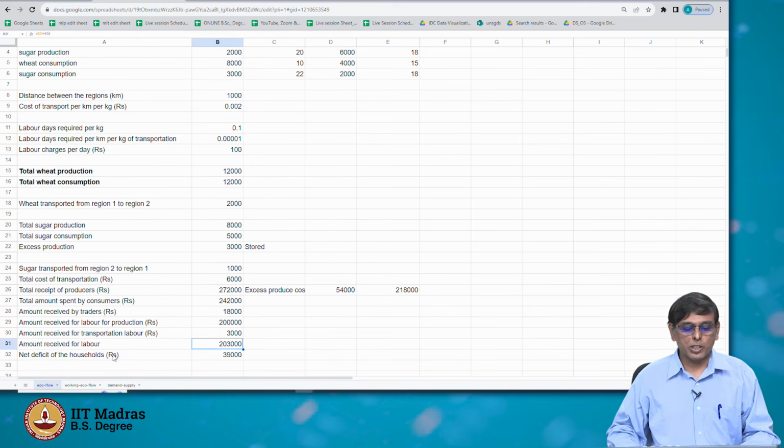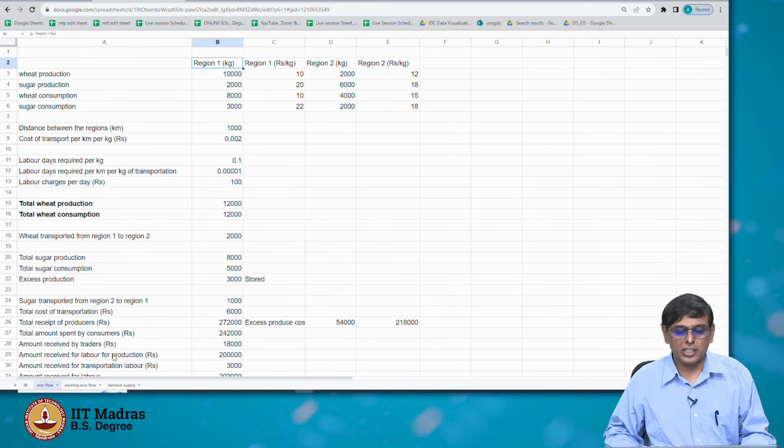So, this gives you a picture of all the flows, right. We see that the total producer made 2 lakh 72,000 rupees, of which 54,000 he got from the storage company and 2 lakh 18,000 from consumers. How did he get 2 lakh 18,000 from consumers? Consumers actually spent 2 lakh 42,000 rupees, but of that 18,000 went to the trader, 6,000 went to the transporter, and the balance 2 lakh 18,000 they gave to the producer.